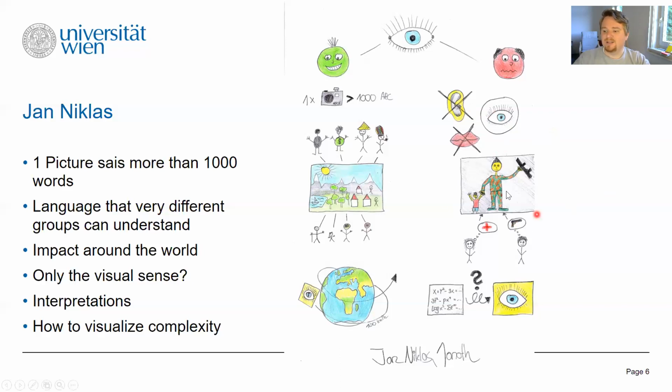Here you have the next picture, which shows a small kid and a soldier with a weapon in the hand. And then you have two little persons, one person thinking about the gun and another person thinking about the Red Cross. So I would interpret this part of your visual summary that visuals can be interpreted in very different ways, right?